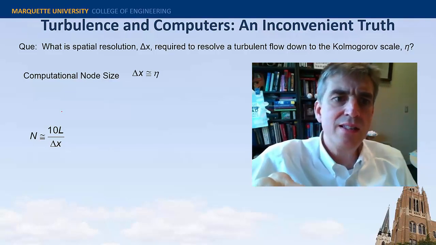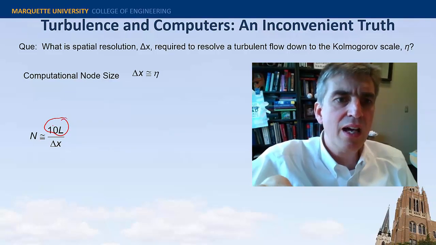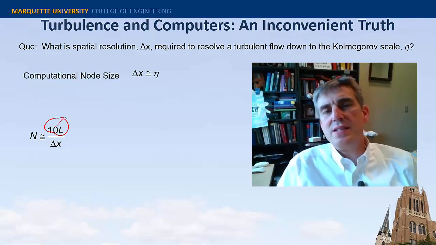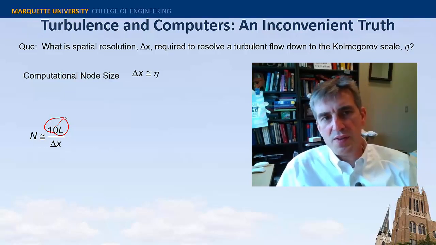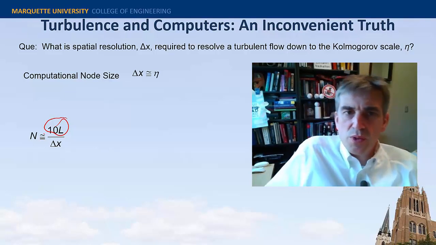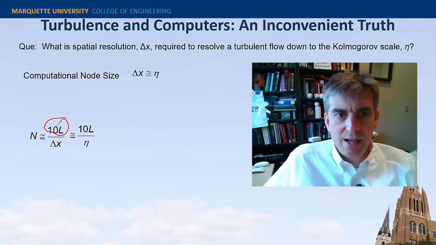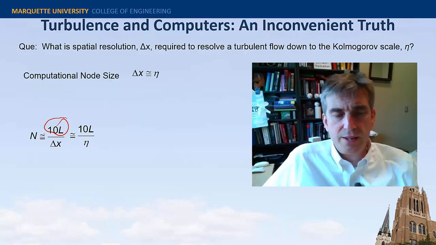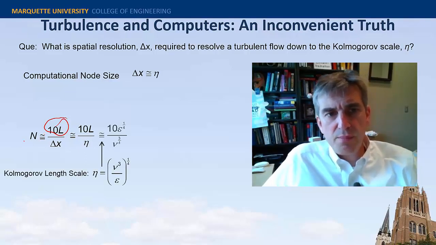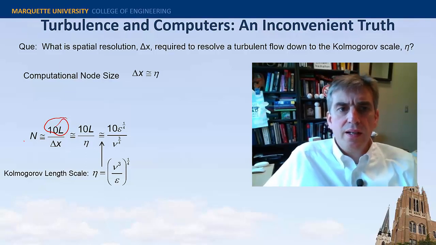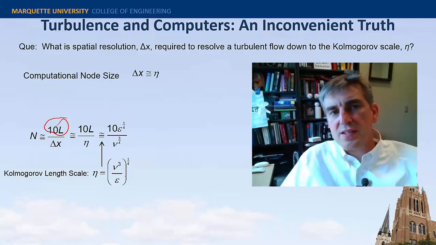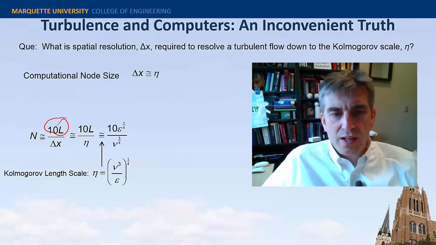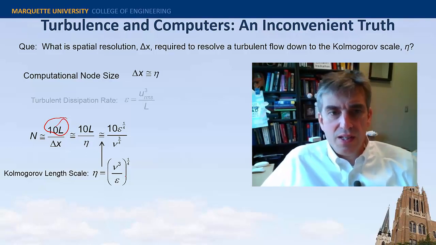So let's say that the domain in general has to be about as large as 10 times the largest imposed scale length. And you're going to resolve that with a delta x, and we'll say that delta x is the Kolmogorov length scale, eta. So this is the number of nodes we would need. I can then plug in what I know the Kolmogorov length scale is with regard to the dimensional analysis that we did.